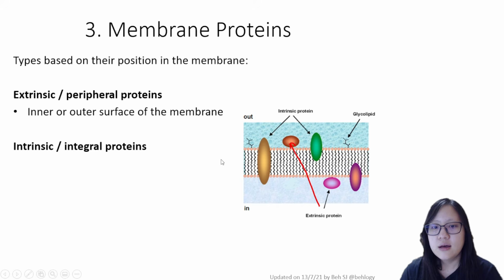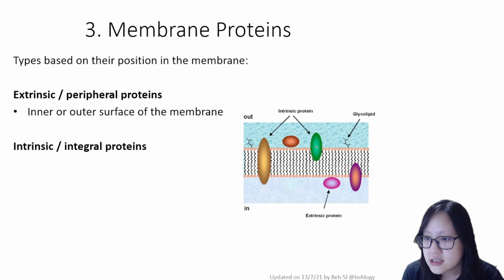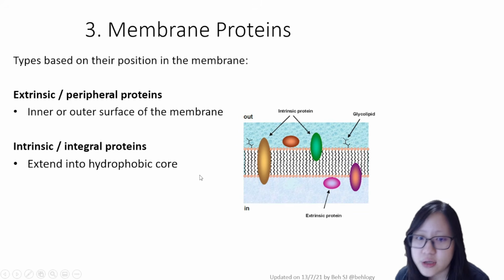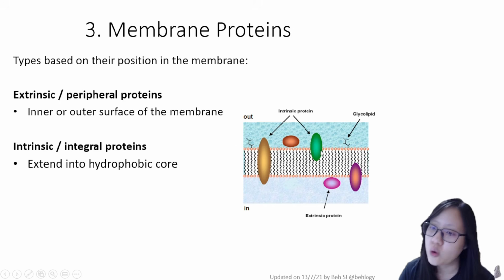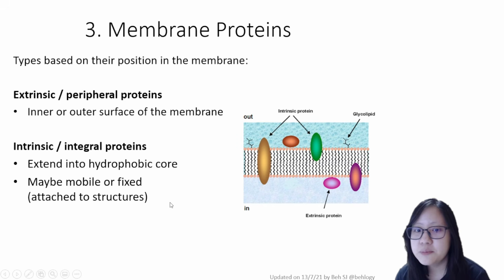Now, how about those proteins that are embedded into this membrane? So this here, whether it's halfway through or all the way through, we call them intrinsic or integral proteins. It extends into the hydrophobic core of the phospholipid bilayer. Now, these proteins may be mobile or fixed.